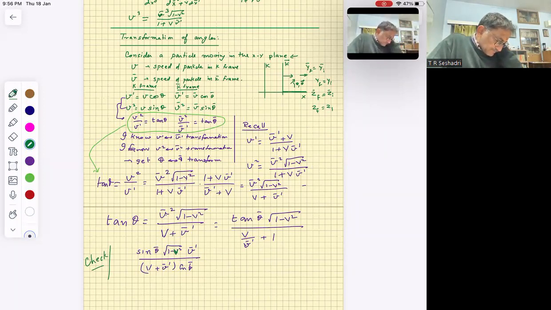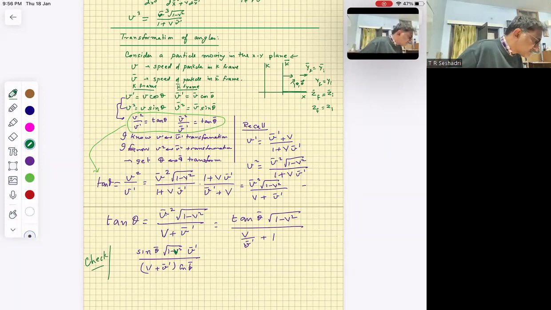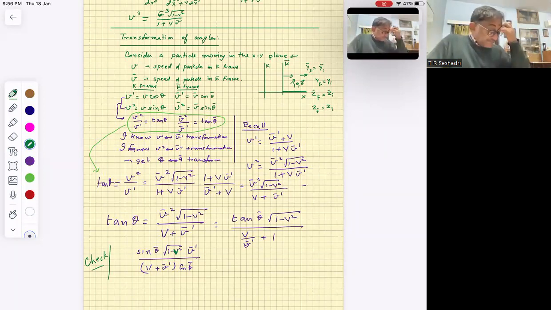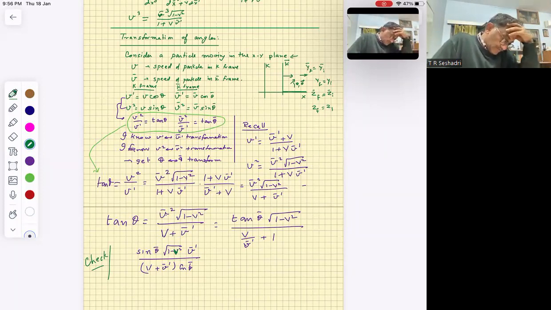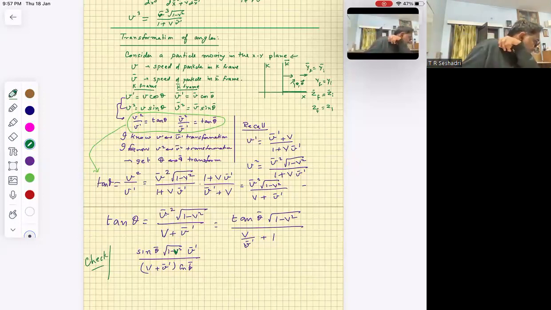Okay, let us check with a special case. V prime is 0. If capital V is 0, then both the things should be equal. Yeah, capital V is 0, it matches. And here if capital V is 0, also it matches.